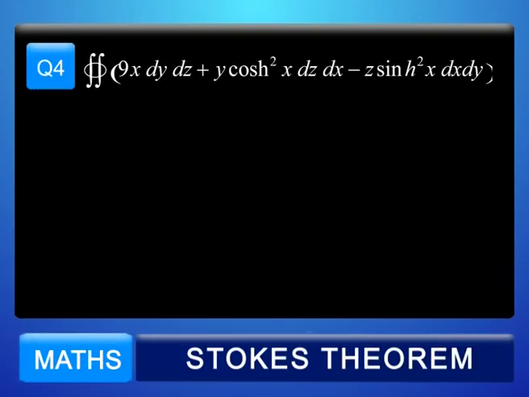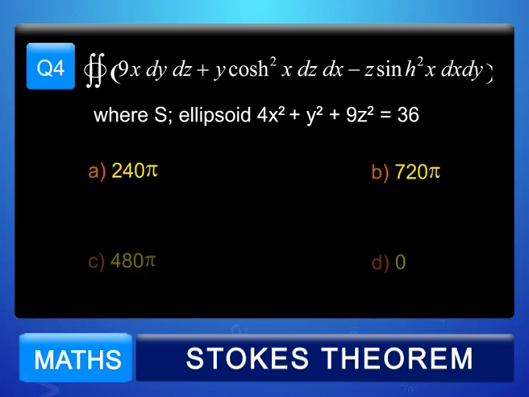Question number 4. What is the output of the closed surface integral of 9x dy dz plus y cos hyperbolic square x dz dx minus z sin hyperbolic square x dx dy, and S is the surface of the ellipsoid 4x square plus y squared plus 9z squared is equal to 36.